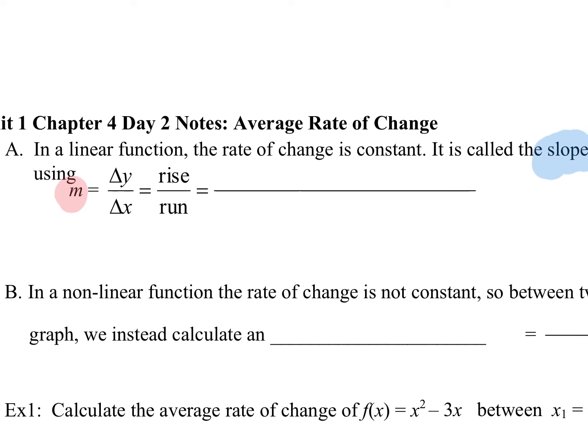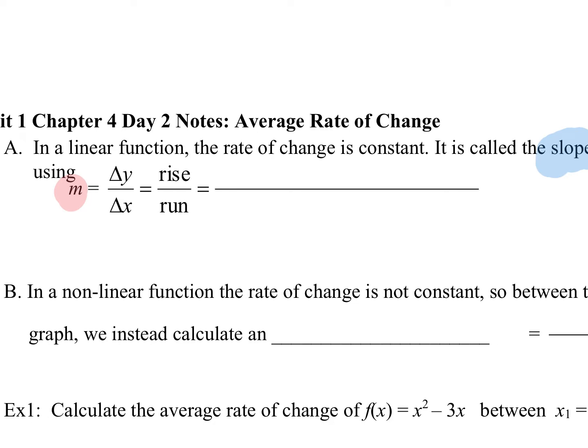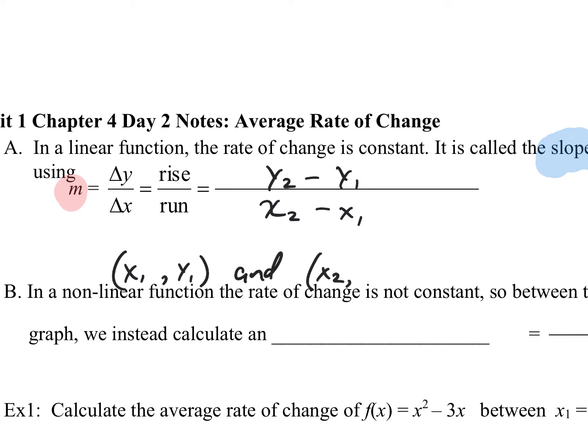There's a couple different ways. We saw the formula that I'm going to write out here, y2 minus y1 over x2 minus x1, where x1, y1 and x2, y2 are points on the line.